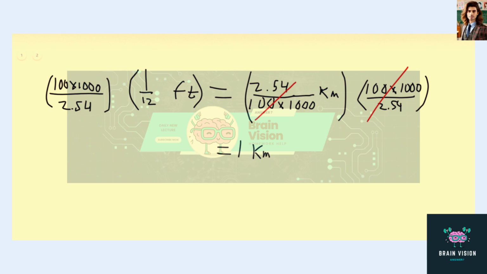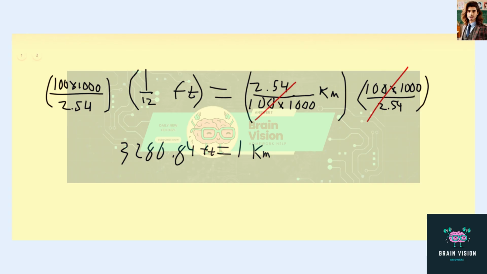And what I get is 3,280.84 feet. However, due to, again, later in this chapter, we only had 2 decimal points of precision now. So we need to make sure we round that to 2 decimal points here.